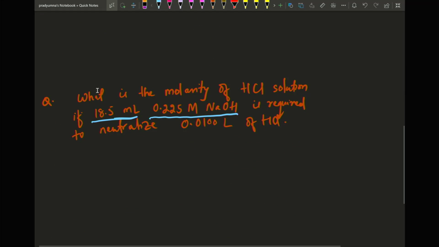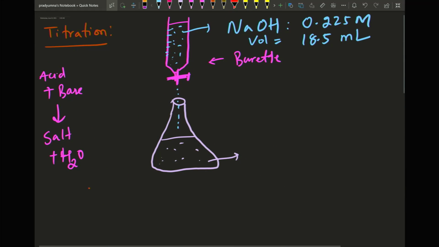So the question is asking, what is the molarity of the HCl solution, and how much HCl do we have? 0.100 liter. So in here we have a total of 0.100 liter. All right, so this is what we did here.